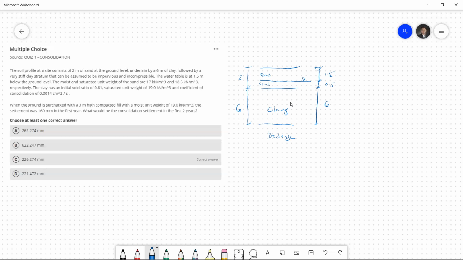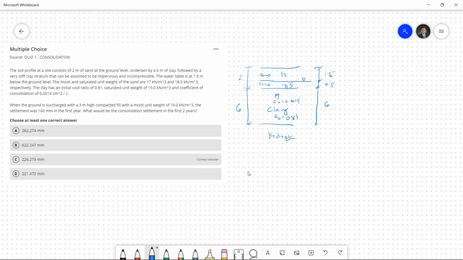And the moist unit weight of our sand is 17 and 18.5. So we have this 17, we have this 18.5. For the clay we have 19 kilonewton per cubic meter, with a coefficient of consolidation of 0.0014 and an initial void ratio, or e sub 0, of 0.81.